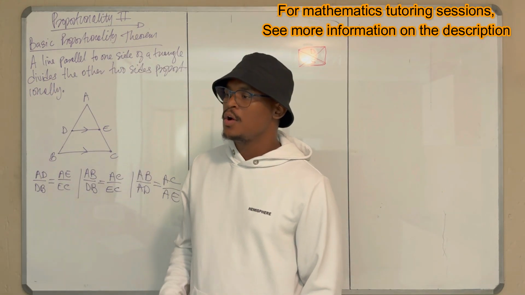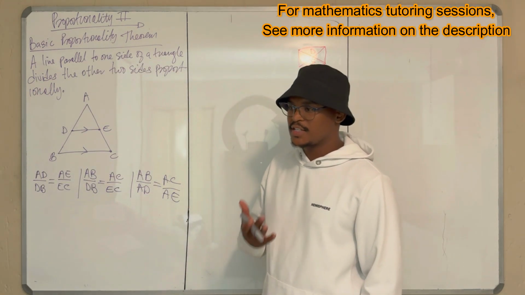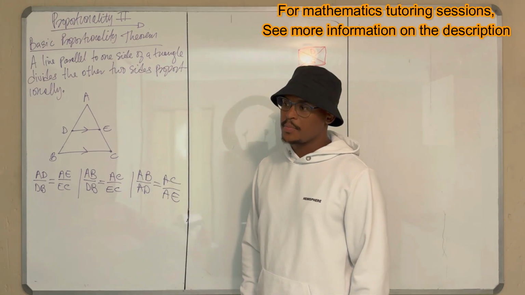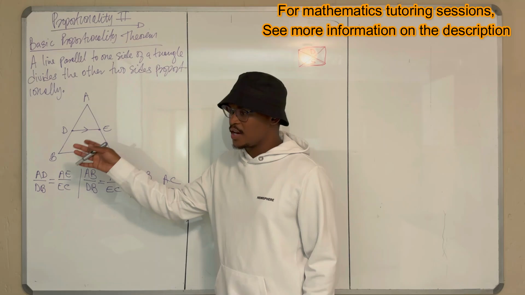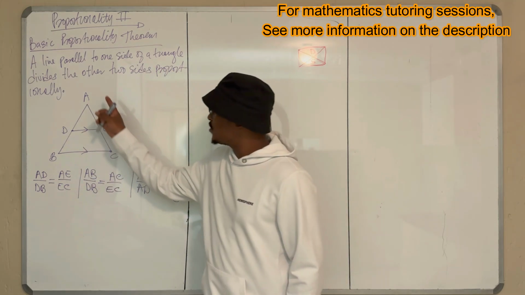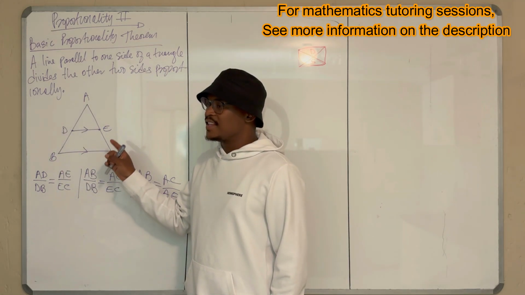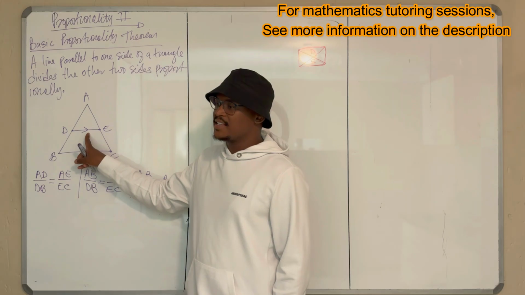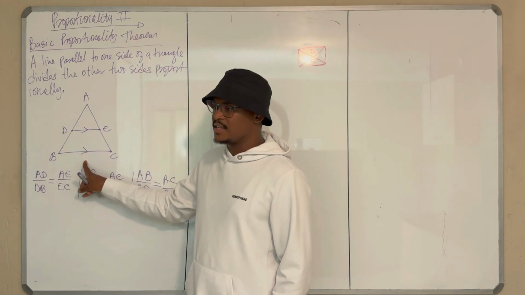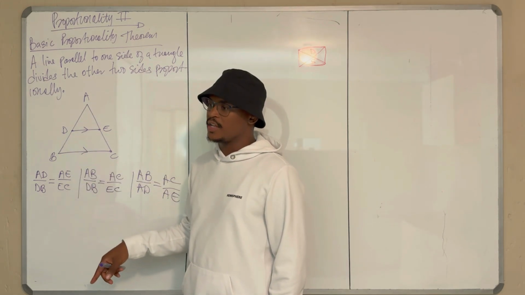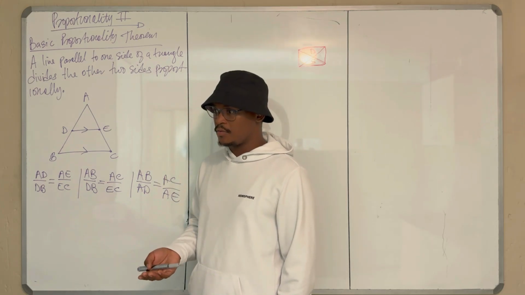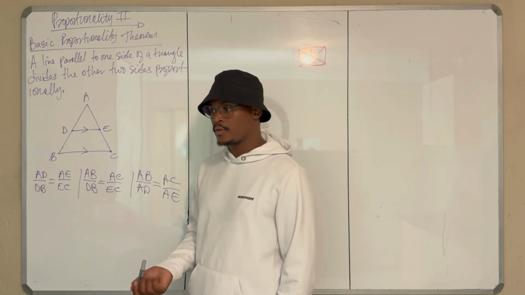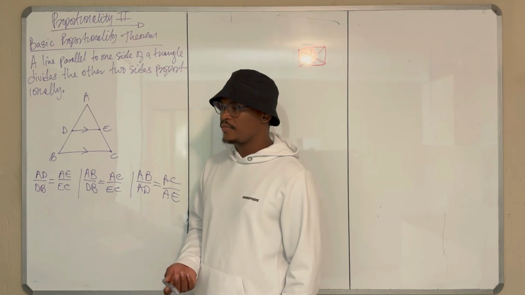In this video, we're going to do the converse of the proportionality theorem, which is the reverse of the proportionality theorem. On the original, we say that if you have a triangle and that triangle is divided by a line segment that is parallel to one of the sides, it will divide the two sides it is joining proportionally. Now we're going for the converse.